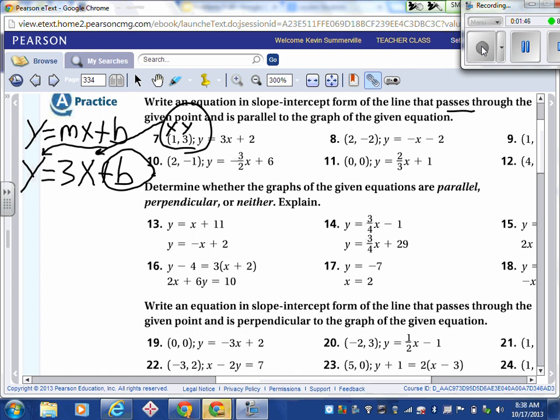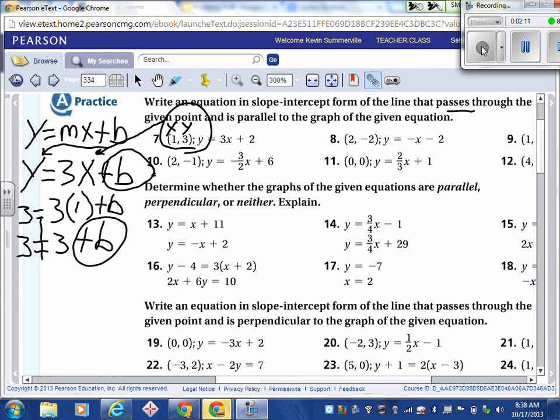So what's y equal? Y is 3, so I substitute 3 equals 3, and x equals 1, plus b. Now I just substitute and solve for b. I got 3 equals 3 times 1 is 3 plus b.